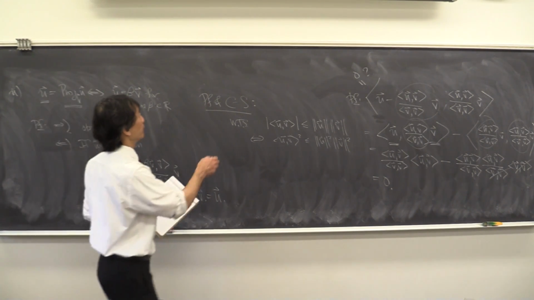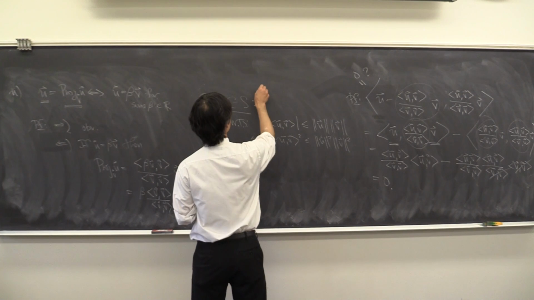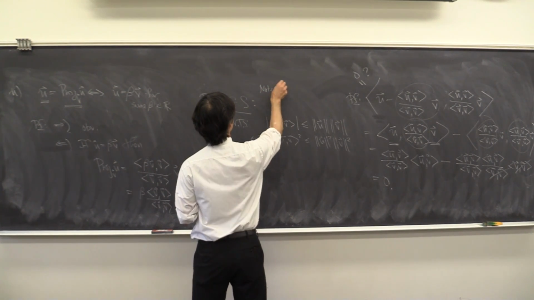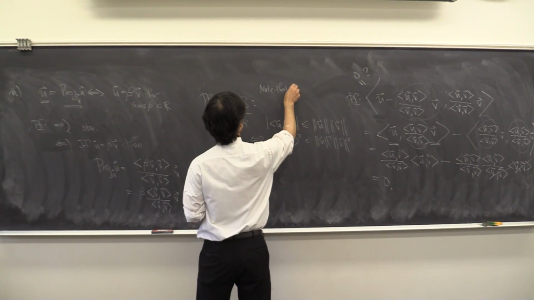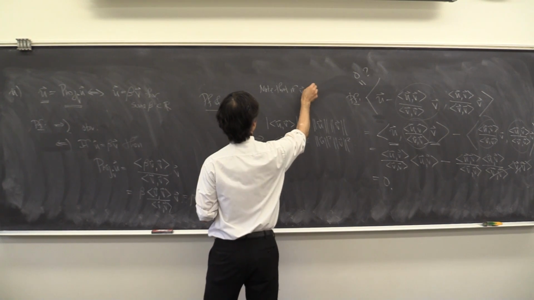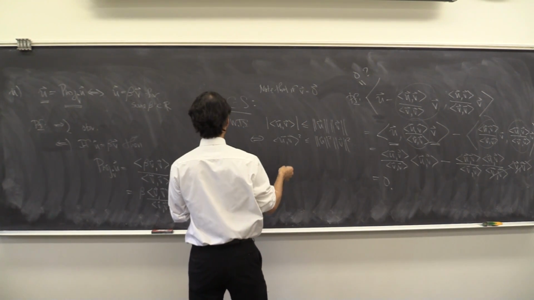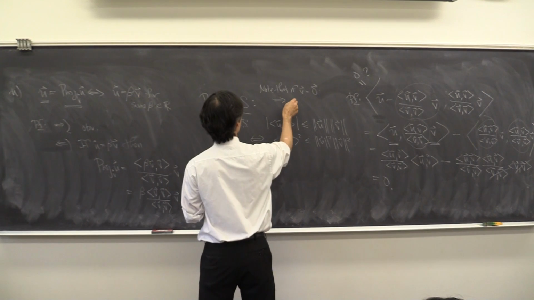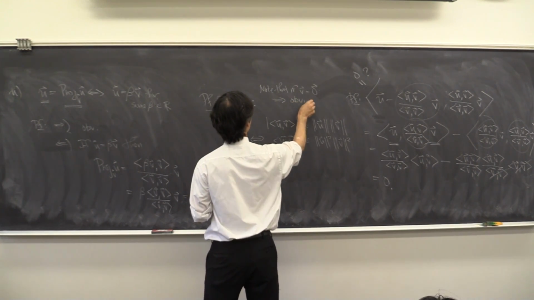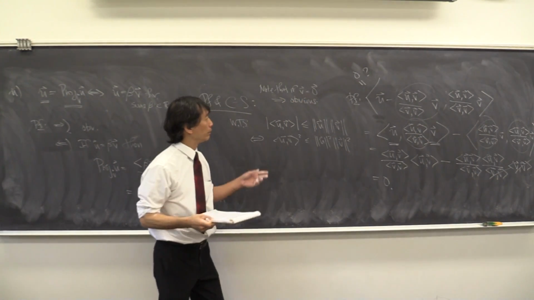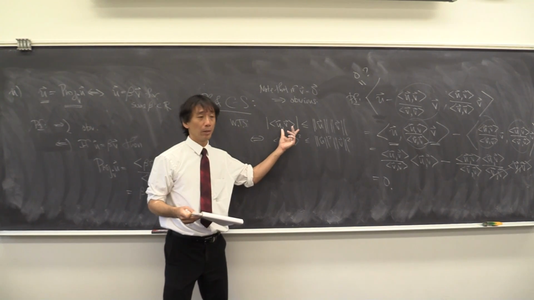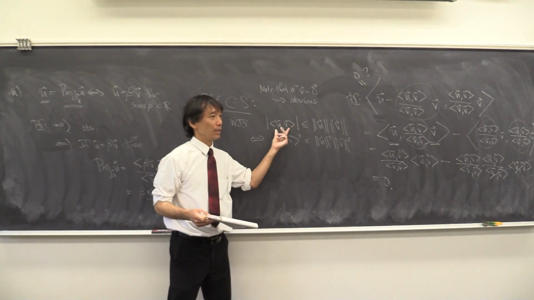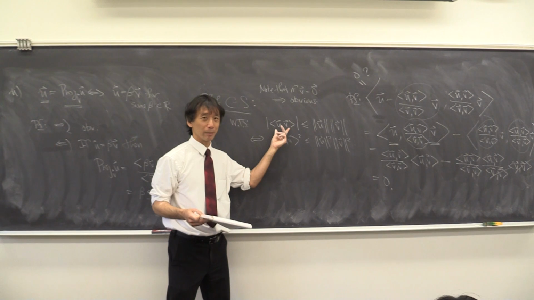Oh, actually, first note that if v is 0, then this is obvious. If v equals 0, what's the left-hand side here? 0.